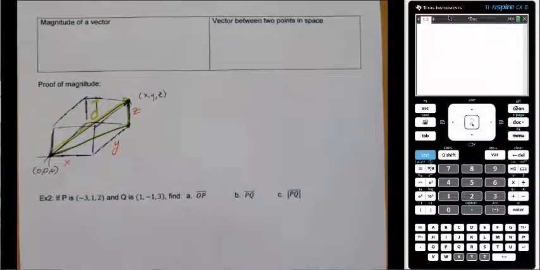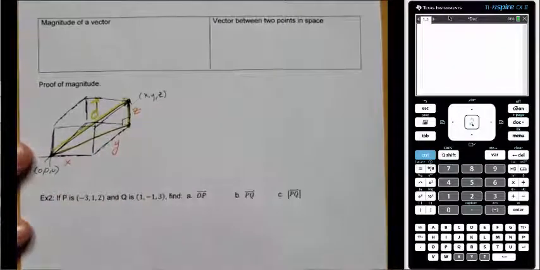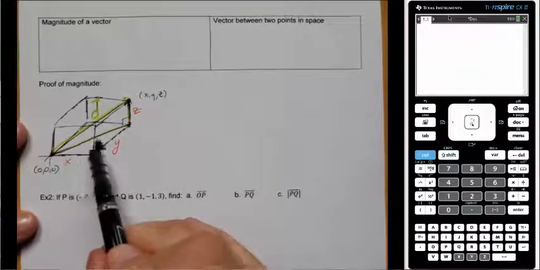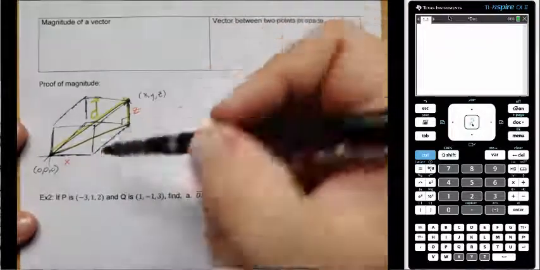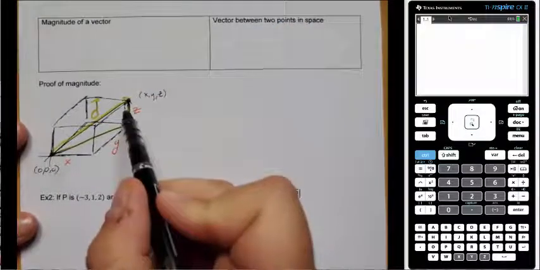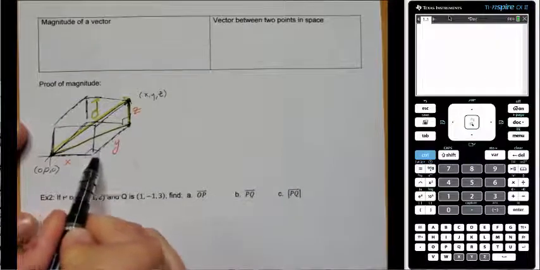This distance will be this vector that goes from the origin up to x, y. And note, since I'm directly under it, this is going to be a right angle. So if I could figure out what this length is, then I'd have a right triangle, and I could use the Pythagorean theorem. So I think what this amounts to is I'm actually going to use the Pythagorean theorem twice.